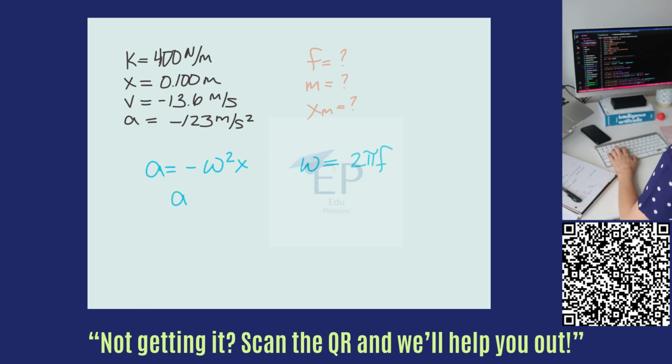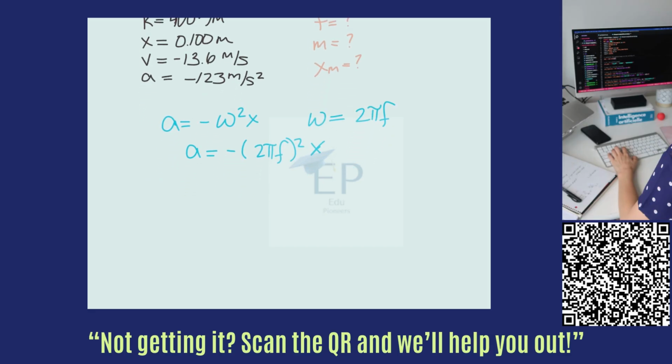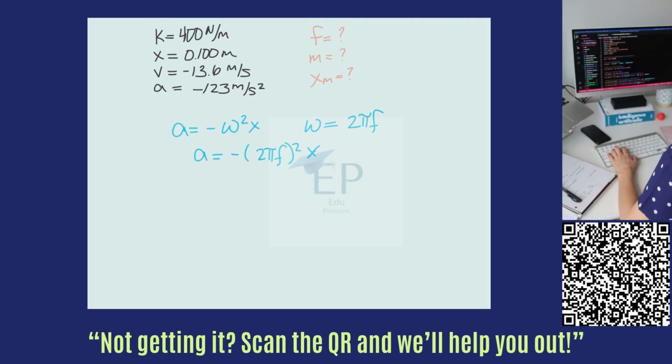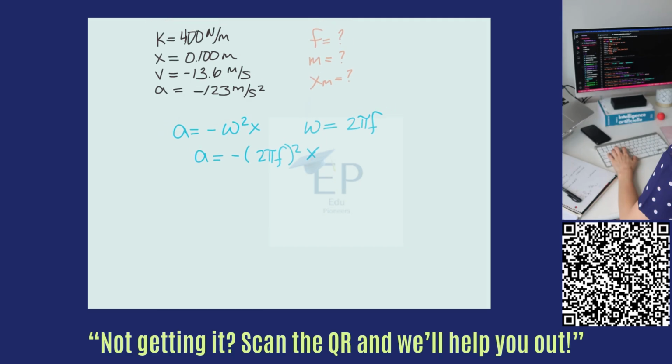So we will end up with acceleration equals negative (2 pi f) squared times position. And we can also now substitute in our known values. So we know that our acceleration is 123 meters per second squared. We have our negative 2 pi. We're just going to solve for f squared, and we know that our position is 0.100 meters.